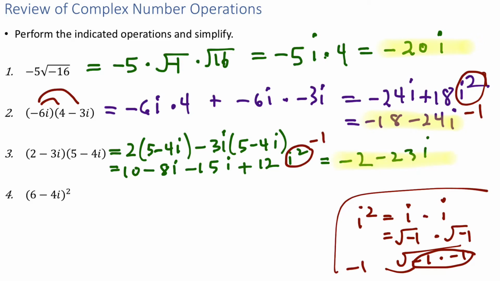Okay, one more multiplication. So here what we have is double distributing again. So this is really 6 minus 4i times 6 minus 4i. And you want to be very careful that you don't just square the 6 and square the 4i, because you'll be missing the middle terms. Okay, so this is double distributing again.